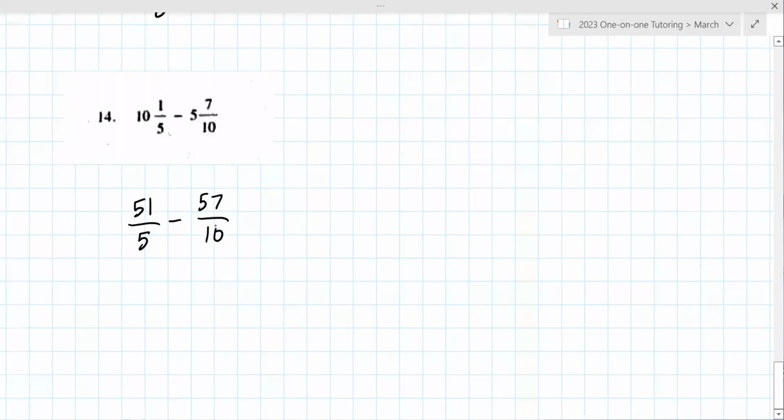I'm trying to work out the last number because I got to 102 over 10 minus 57 over 10. That's right. Yeah, that's really good. 102 over 10. That's perfect. Now you got to do. I'm doing 102 subtract from 57. Yes, you're almost there. Keep going.